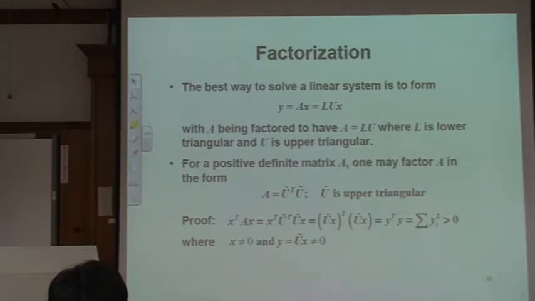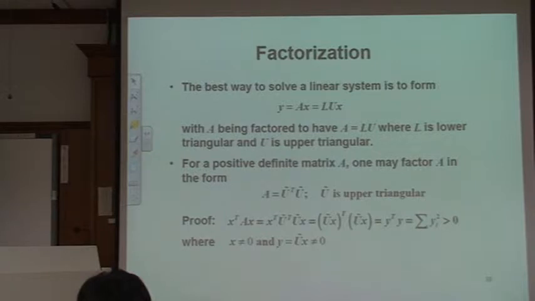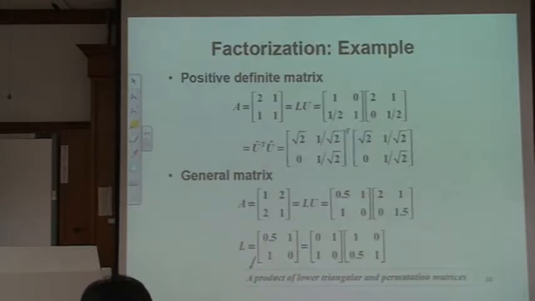It's very simple, because if a matrix is positive definite, the advantage is that we only need to find the upper triangular matrix. We don't need to find the lower triangular matrix. But if the matrix is not positive definite, you have to define two different matrices, upper and lower triangular. Now here is an example.